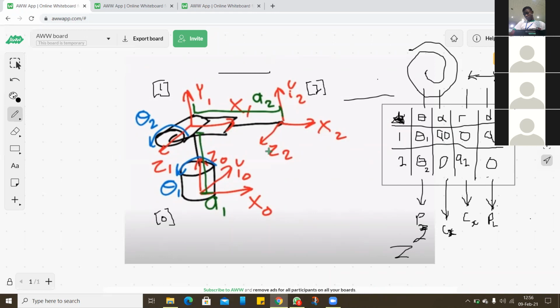No, there's no 45 for this. Let's start from our definition of alpha. I just see the rotation of this to this, with the current along X1.